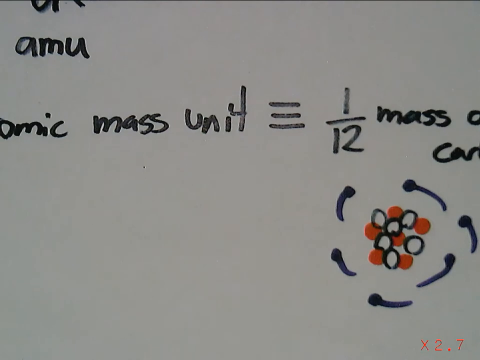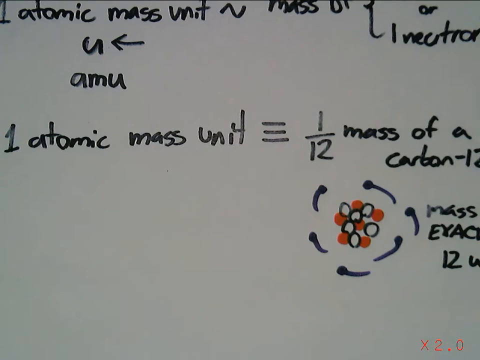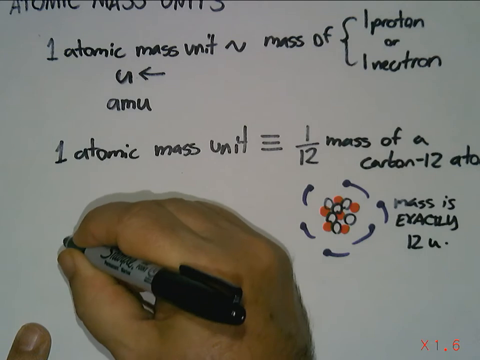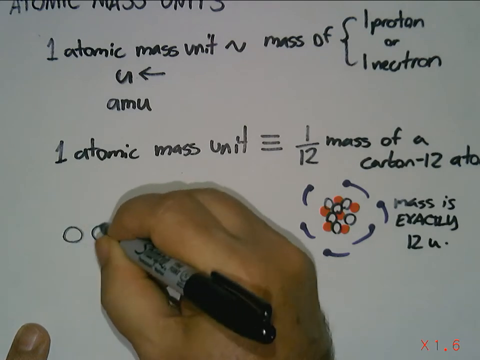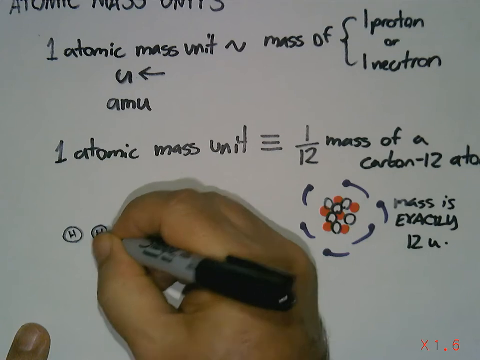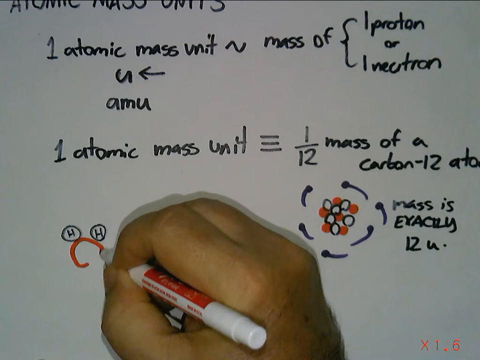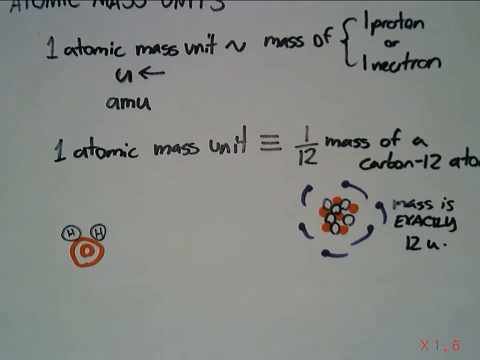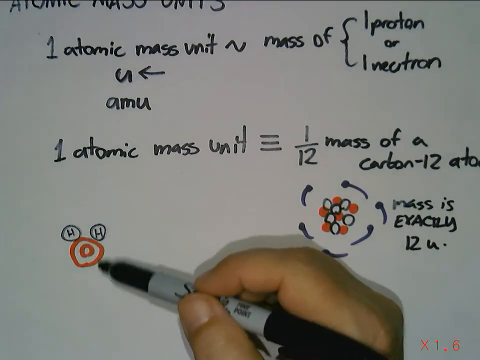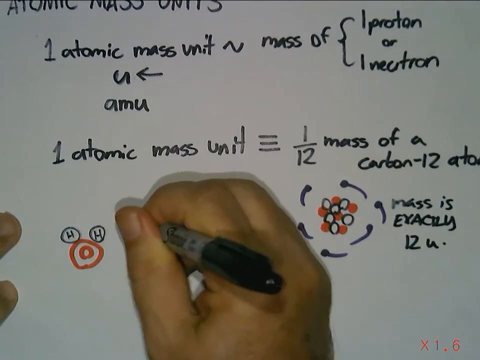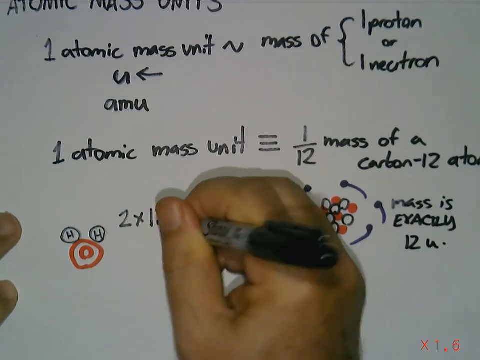What about molecules? Suppose I've got a water molecule. It's got a couple of hydrogen atoms stuck to an oxygen atom. How do I get the mass of one water molecule? Well, all I've got to do is add up the masses of the atoms that are in there. There are 2 hydrogens, which, according to my table, have a mass of 1.01 U each.